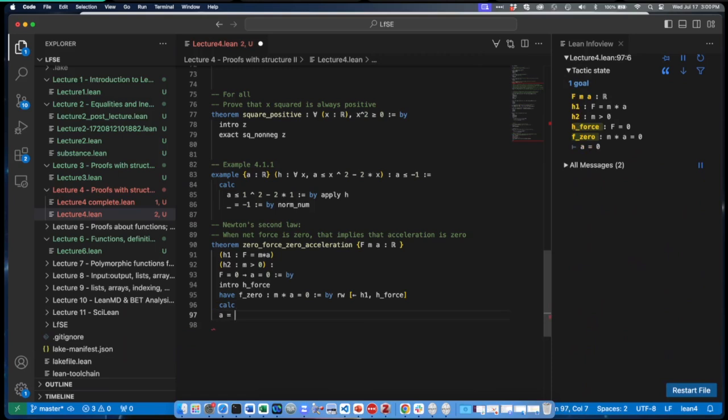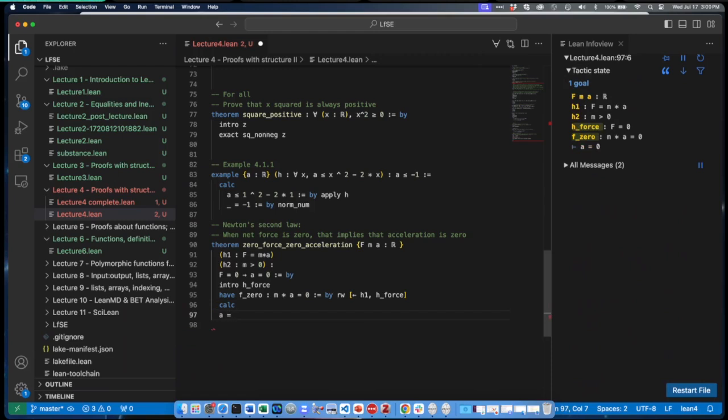I mean, I don't know. It's a little tricky because we're not trying to do a calculation. We will need to invoke at some point a theorem that m being greater than 0, along with m times a equals 0, requires a to be 0.